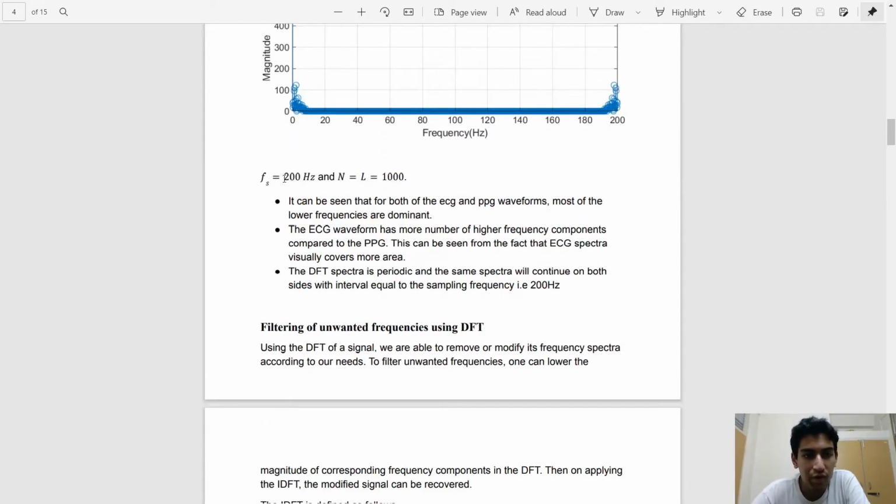As I mentioned, the sampling frequency is 200 Hz, so the frequency plot repeats after every 200 Hz, and the value of N is equal to 1000, which is equal to the length of the discrete time signal, capital L.